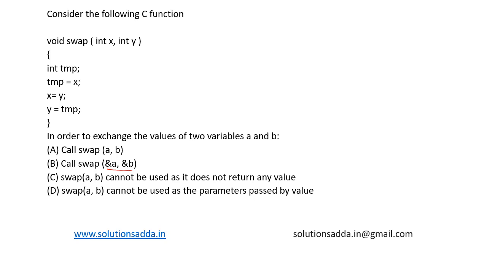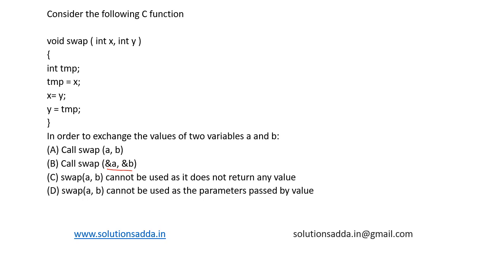Option C is also false because a return value is not required for exchanging the variables. Option D, swap of a comma b cannot be used as parameters are passed by value. Yes, this is true. We cannot use swap of x comma y because parameters are passed by value. The only way to exchange the variables is by passing their addresses and then modifying the content using the dereferencing operator.